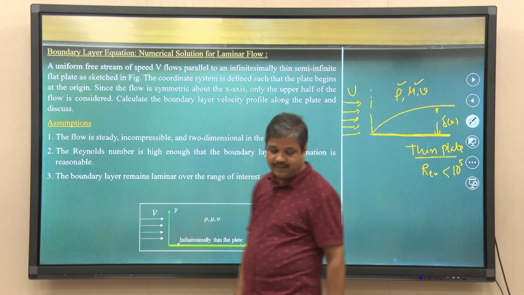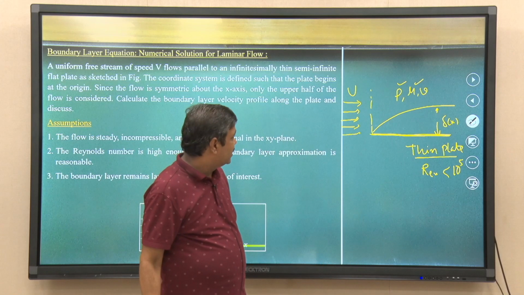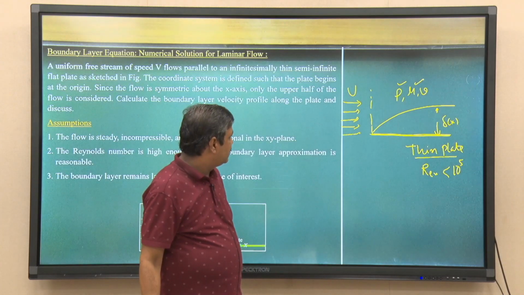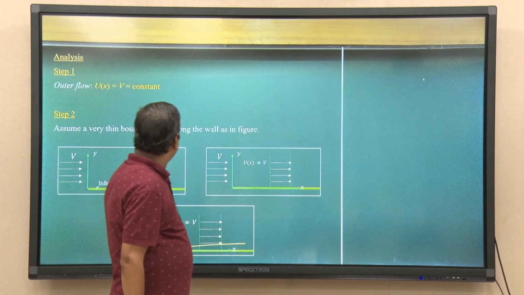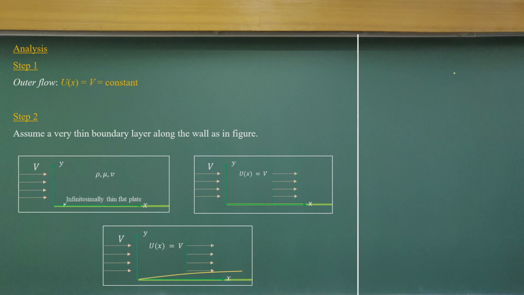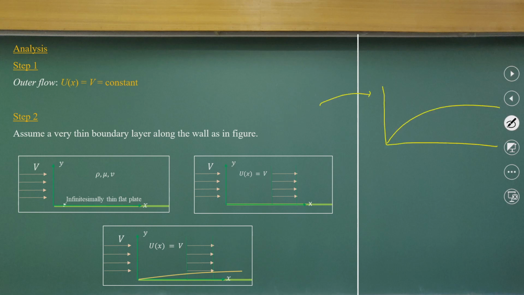With these approximations, we are not going into details, but the very basic concept is here: if you consider the outer region, you have boundary layer formation, with y the vertical direction and x along the plate.